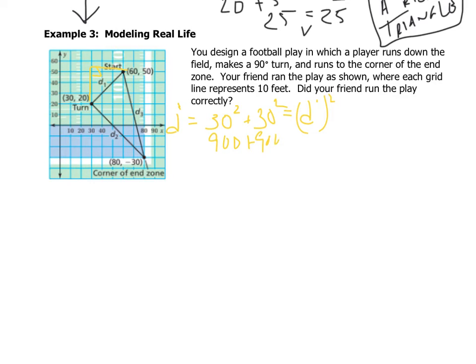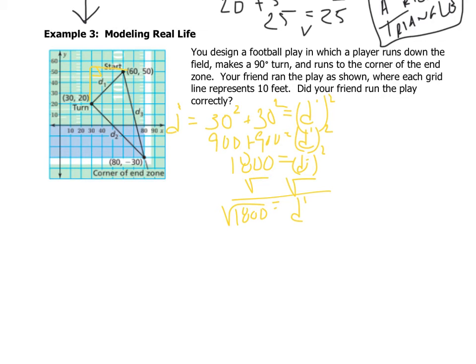Another 30 squared is 900. And that's going to give me 1800 equals D1 squared. Take the square root. And again, just like on the previous one, we know that D1 is the square root of 1800. We're not going to turn it into an ugly decimal.